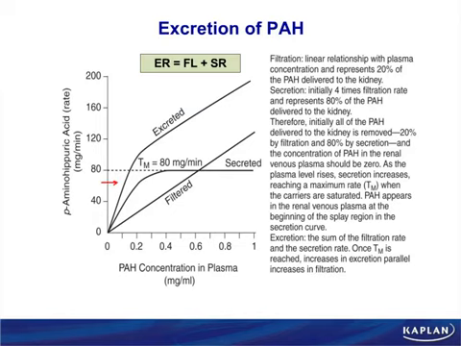The excretion rate has to increase, but it increases at a slower pace than before transport maximum. So the rate of increase decreases because your carriers have become saturated. And that's why you see this change. So that's what the excretion rate looks like, and that's what they may give you.